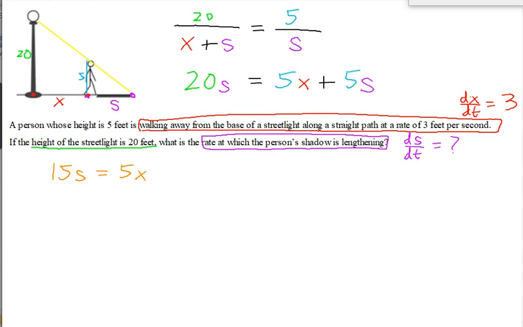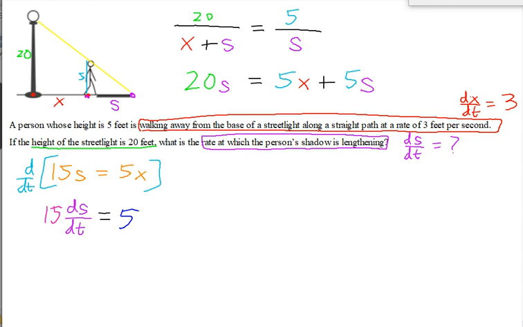And then you can take the derivative of this equation to get our rates in there. Or if you want to, you could even divide by 5 on both sides first to make it simpler, but either way. So the derivative of 15s is 15 times, s and t don't match up, so with implicit differentiation, ds/dt equals the derivative of 5x, which is 5 times dx/dt.